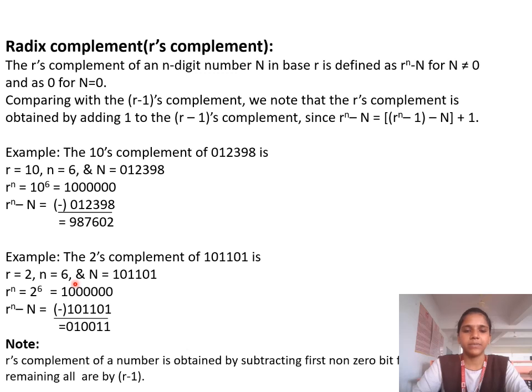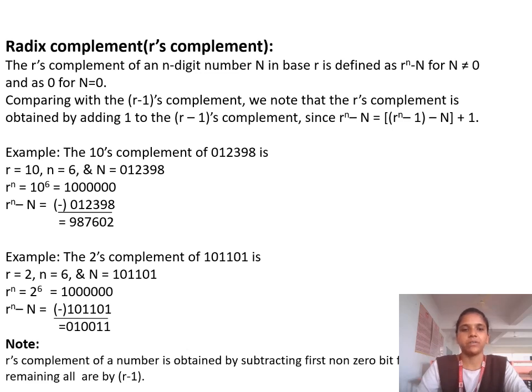Similarly for the 2's complement, for the given capital N, 101101, the base radix R is equal to 2 and the number of digits is equal to 6. R power n minus 1 gives 010010. The R's complement of the number is obtained by subtracting the first non-zero bit from R and all remaining bits from R minus 1.